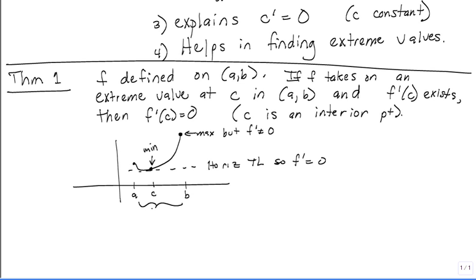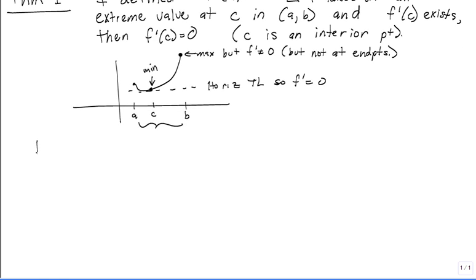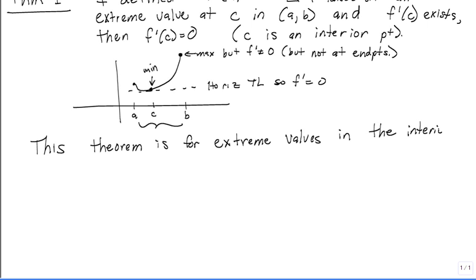It has to be in the interior between A and B. We don't look at the endpoints. So this theorem is for extreme values in the interior of an interval.